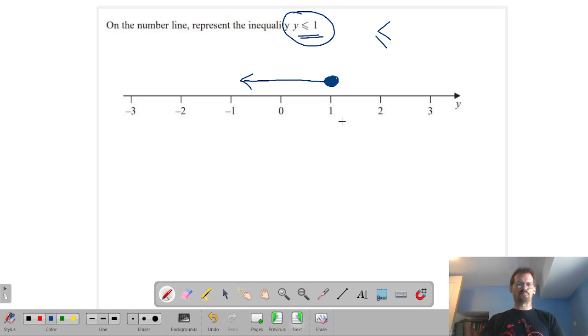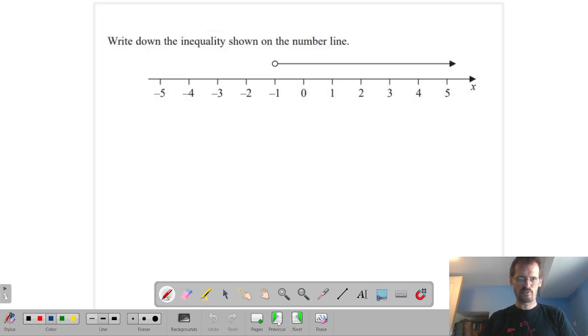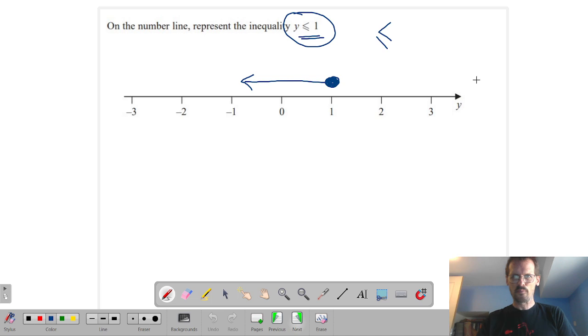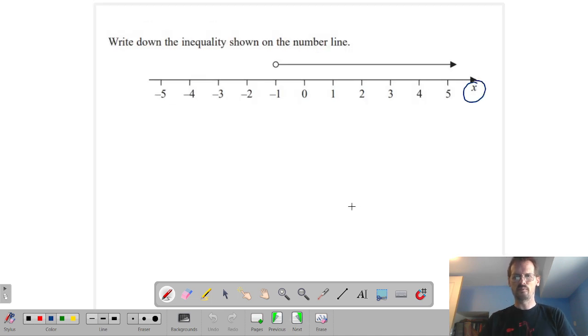Another example, they give you the inequality on the number line, you have to write down what it is. First of all, what letter do you use? Is it y like it was last time? We look here, it says x. Sometimes I'll write the x above the arrow there, sometimes it's on the axis. Sometimes it won't tell you what letter, and you can use whatever you like. So this one is x.